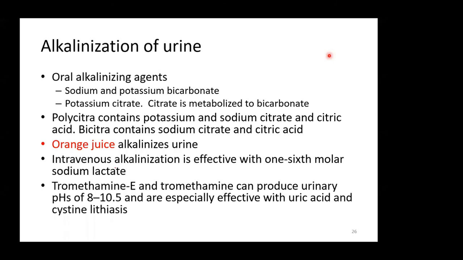Then tromethamine, which can also produce a pH of 8 to 10, is especially effective with uric acid stones. We say uric acid stone formation requires acidic urine, and therefore these agents can actually be effective. Of course, also for the cystine stones.